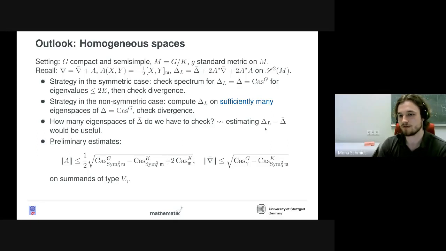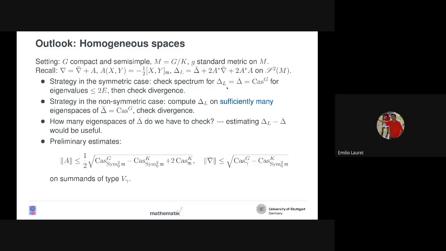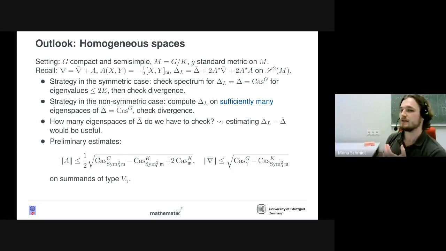Recall we want to look for small eigenvalues, less than or equal to 2e, of this Lichnerowicz Laplacian. The intuition is that these should also correspond to eigentensors to small eigenvalues of this standard Laplacian here. But these eigenvalues are not the same because there are different terms.